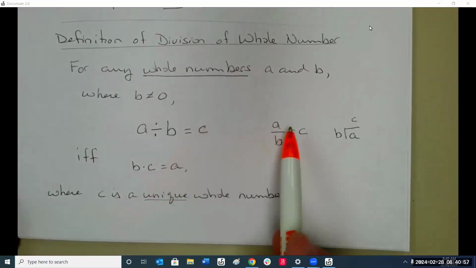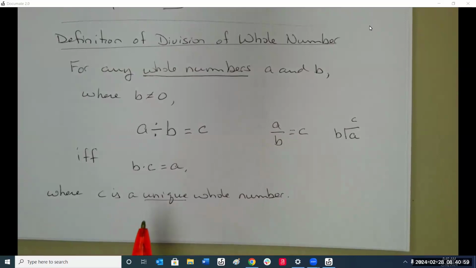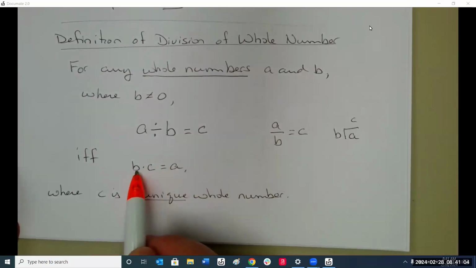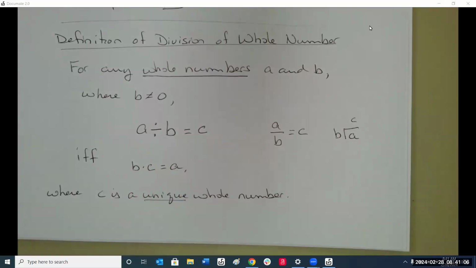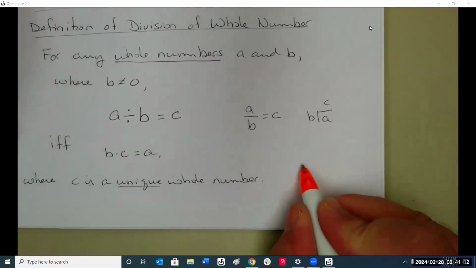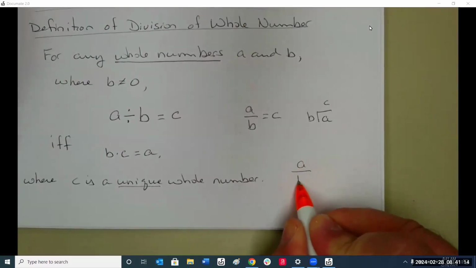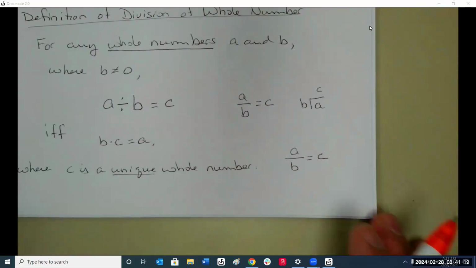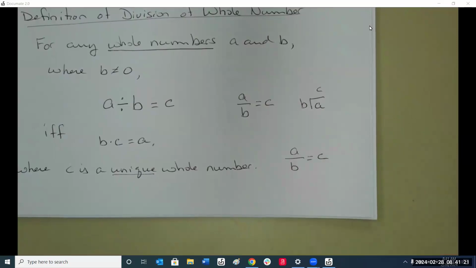So if you have a division, there's only one answer. And the way you test it is take the denominator times the answer equals the numerator. These have names. Does anybody know the names of these numbers?